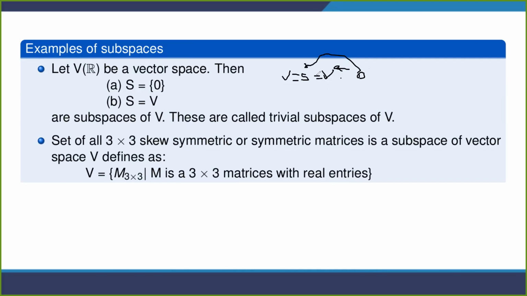If 0 is in the set, it is non-empty and the first condition holds. If S equals V, these are called trivial subspaces of V. Trivial because it is the same. Okay, so that is the first example.